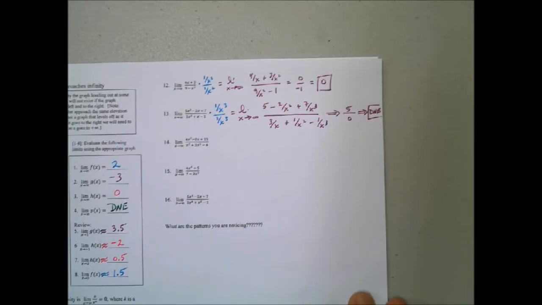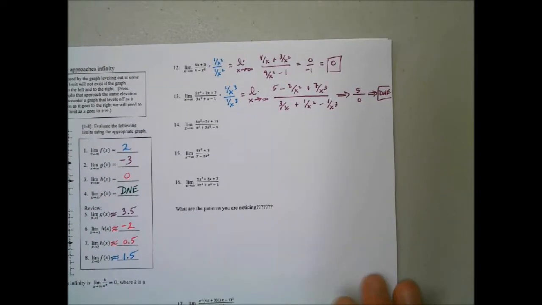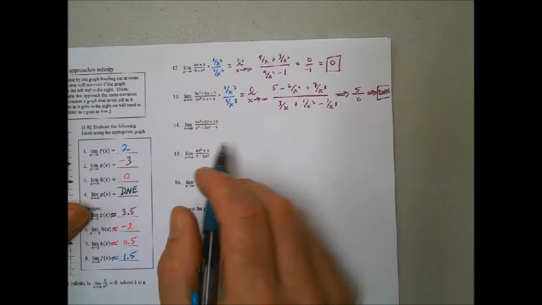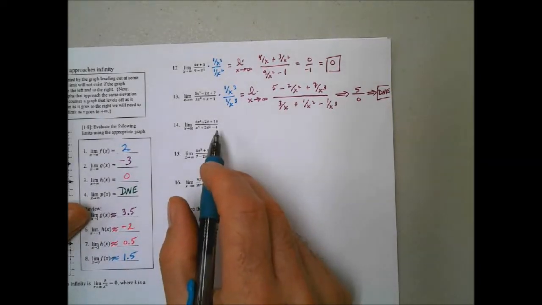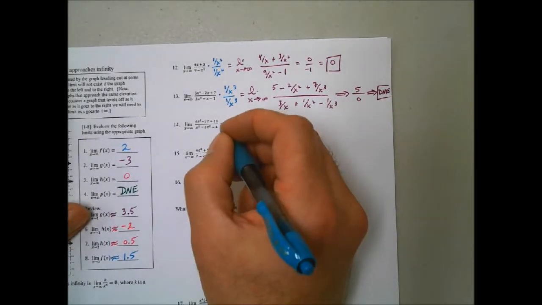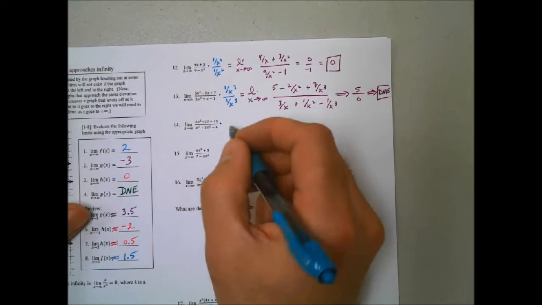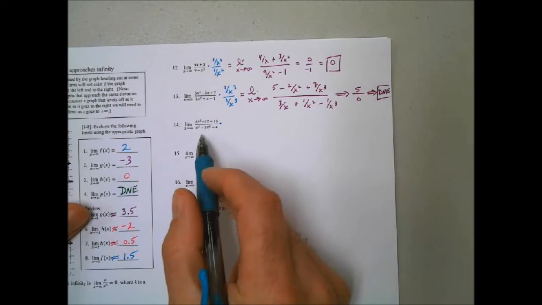Okay, number 14. Now, by the way, there are some patterns going on here, and I hope that you're trying to notice some patterns, because we are going to take some shortcuts. We're not quite there yet. Okay, so highest power of x, top or bottom, is x to the 5th.